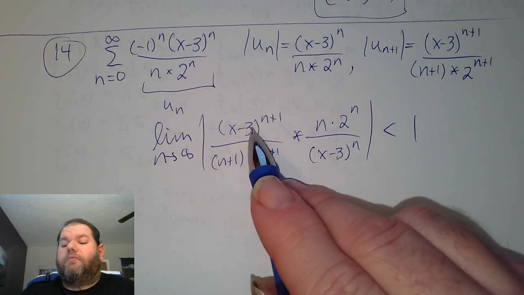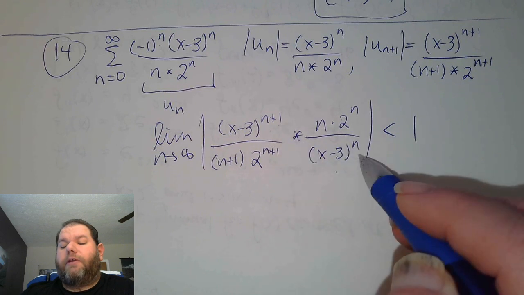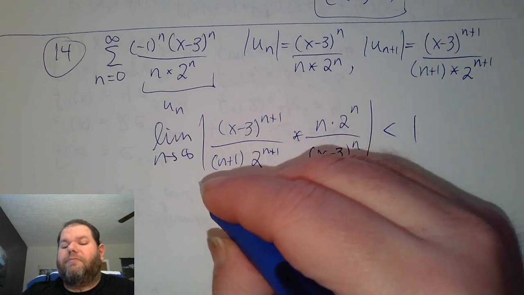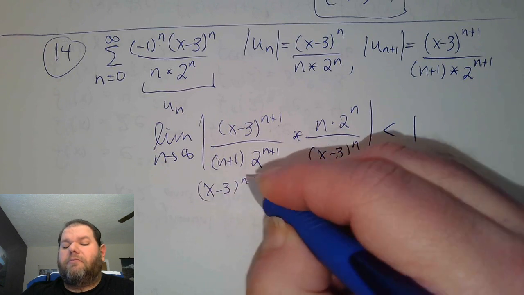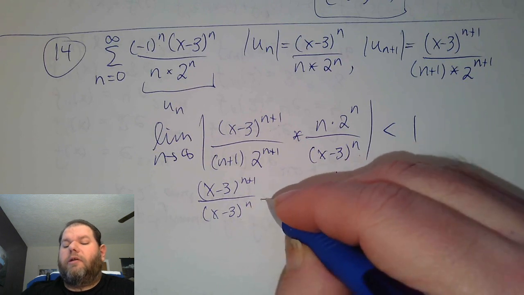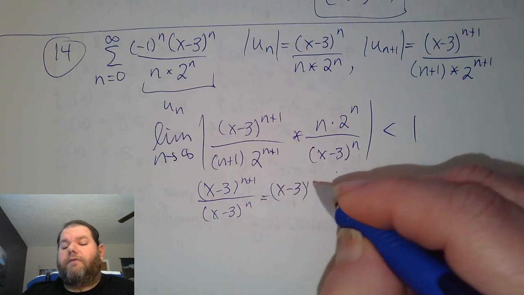Now, the x minus 3's, we have n plus 1 over n. That's just going to leave a single x minus 3 to the first over 1.